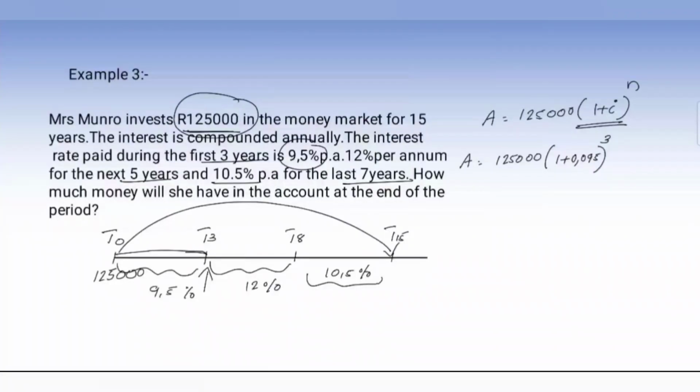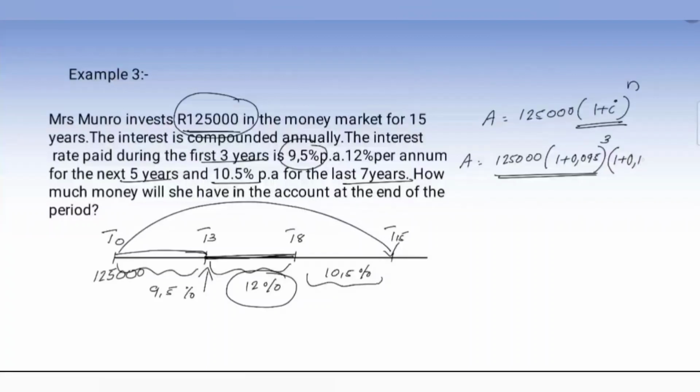Okay? You have an amount. That amount is going to go next to what? 5 years with this interest rate 12%. So this amount is the P of the next compound interest formula. This is P and it has to go next to 5 years. So write P times 1 plus I is what? 12% is 12 divided by 100.